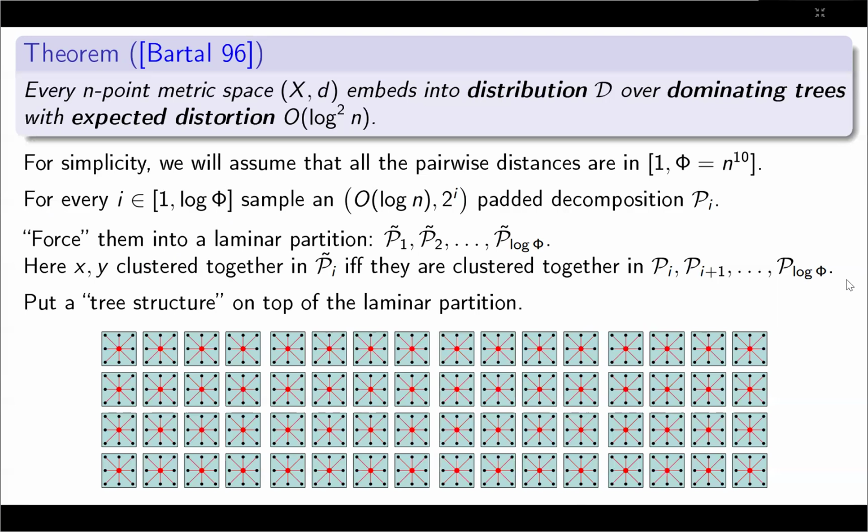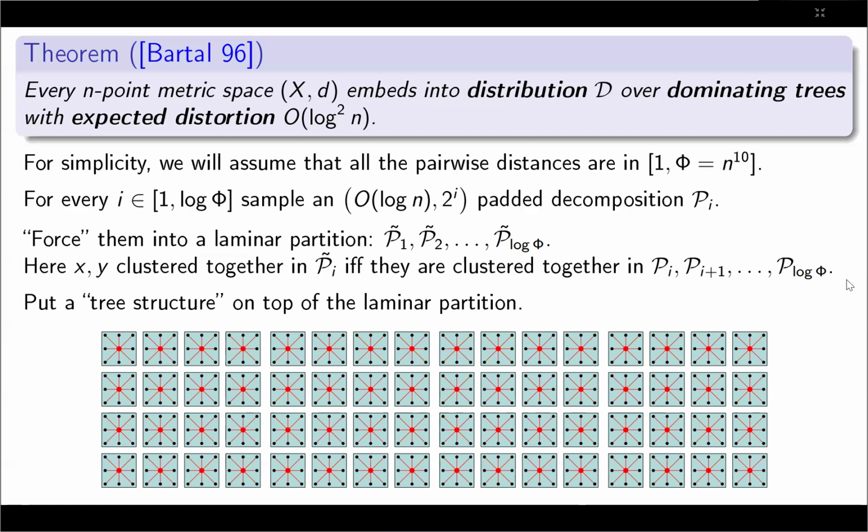And then they force them to be laminar. How do they do that? They say that 2 points are clustered together in scale i if they've been clustered together in all the scales above i. So I can force it to be laminar. I'm losing something in the Padecki parameter because now you have a slightly higher probability to cut, but this is not significant.